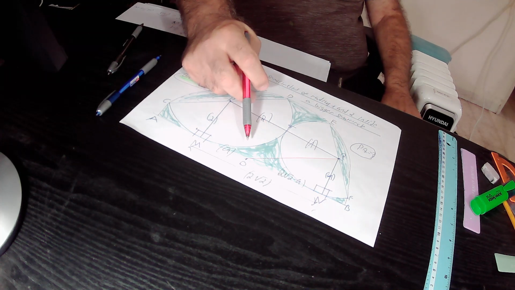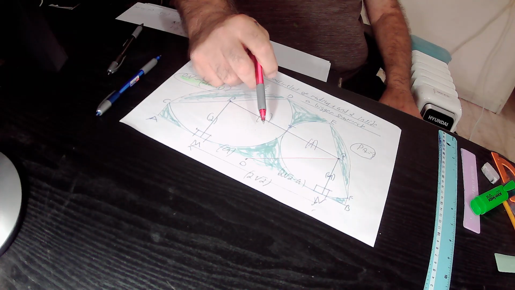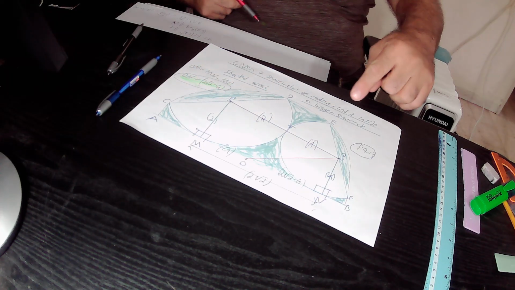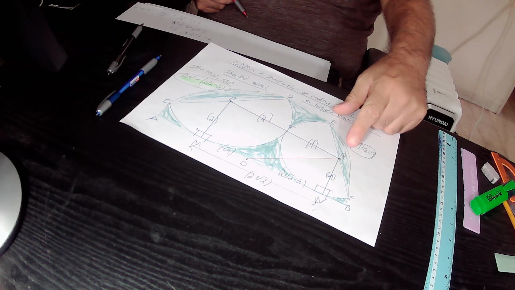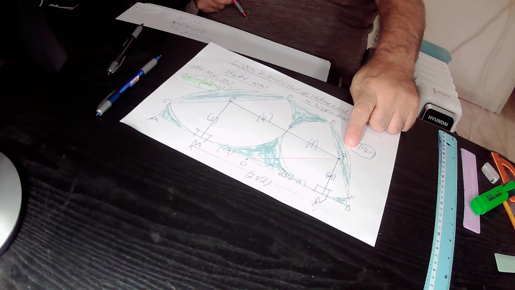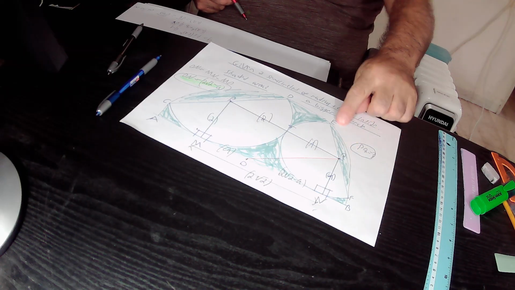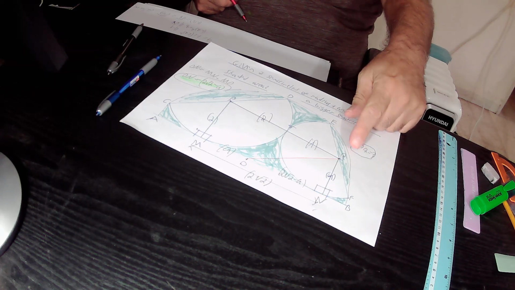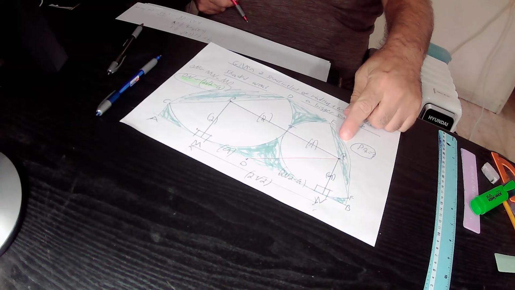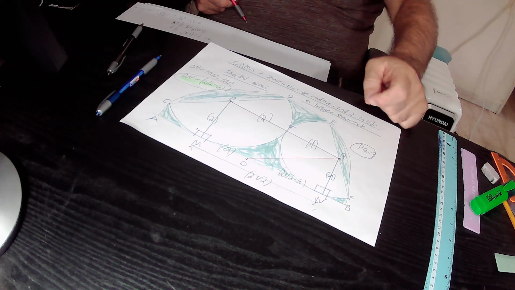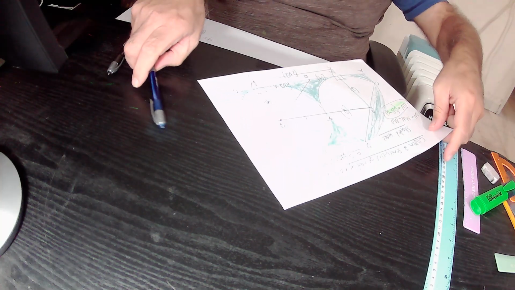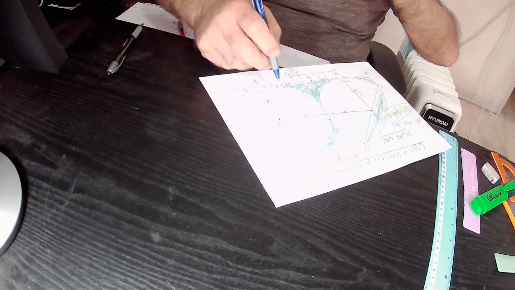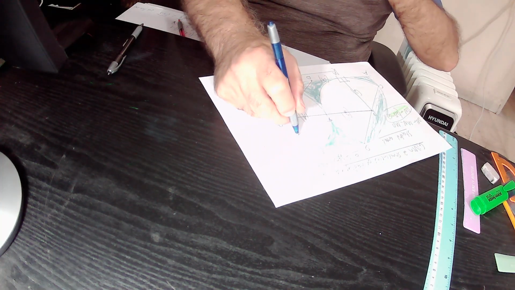Point O is the center of the biggest semicircle, and we have here chord EF. What is the length of EQ? Point Q is the center of this semicircle. Point E is a point on the semicircle itself. Therefore, EQ is the radius of this semicircle, that is equal to 1. So EQ equals 1.